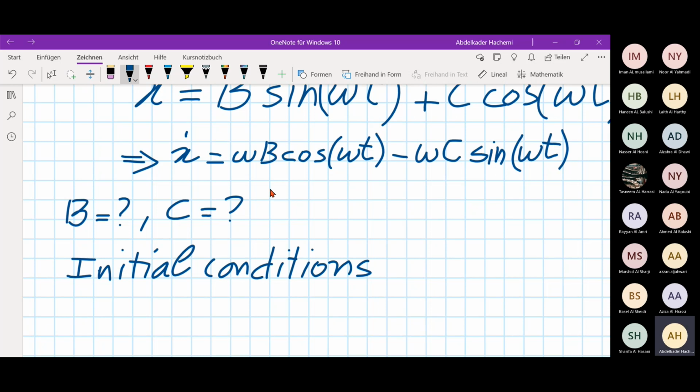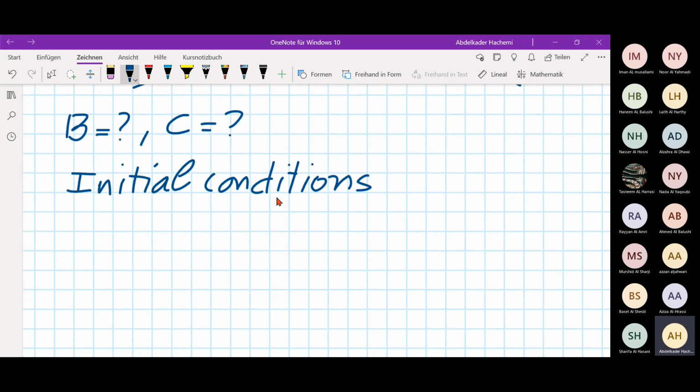We have x at time t equal to 0. There is no displacement for the aperture, so x at time t equal to 0 is equal to 0.